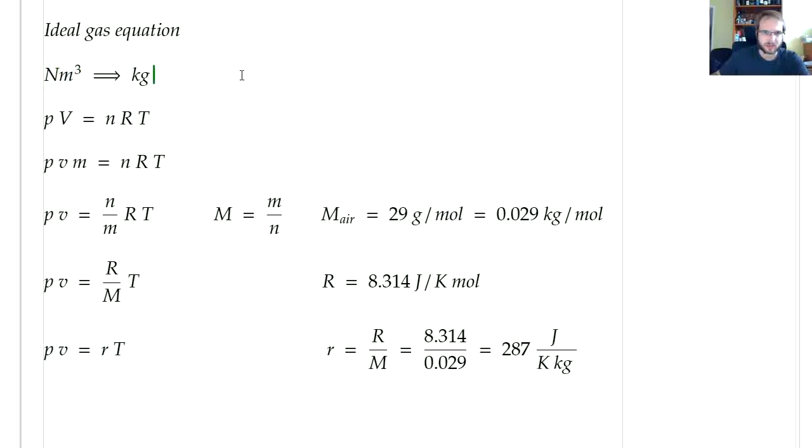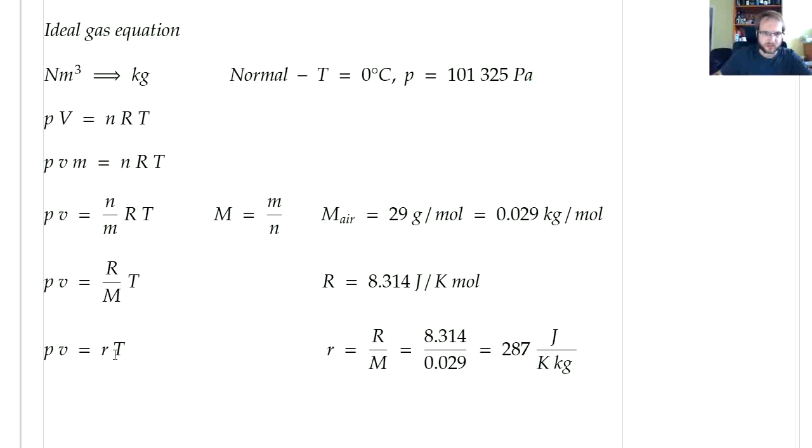The normal means that the temperature is 0 degrees C and pressure is 101.325 kilopascals or 101,325 pascals.